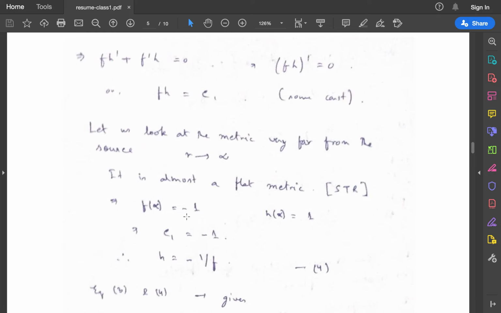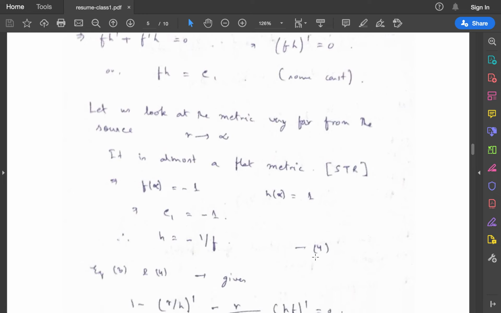Which means that f of r at infinity will be minus 1 and h of r at infinity will be 1. If I put that back in this equation, it gives us c1 equal to minus 1, which gives the relation h equal to minus 1 over f. This is the important equation. Let us keep it and mark it as equation 4.